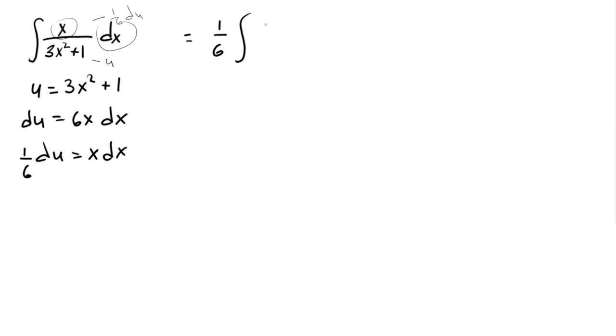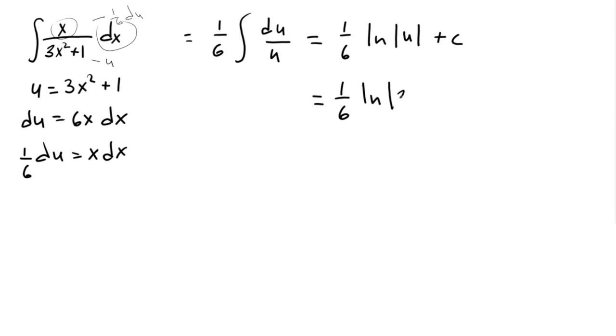On top now I have x dx, which is du, over the denominator, which is u. And du over u, or 1 over u du, is exactly the form we need for the natural log. So that's ln of the absolute value of u plus c. So this becomes 1/6 ln the absolute value of 3x squared plus 1 plus c.